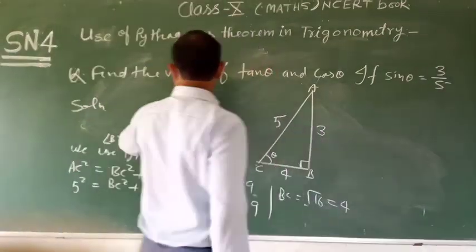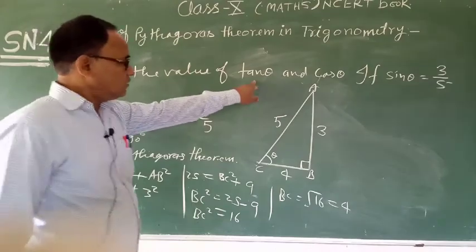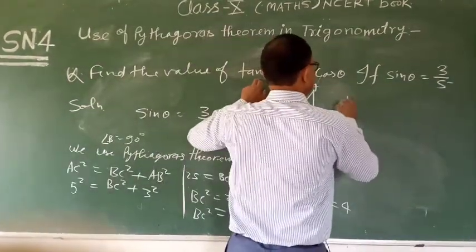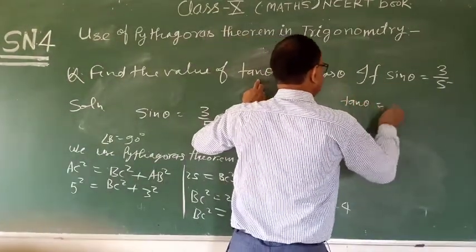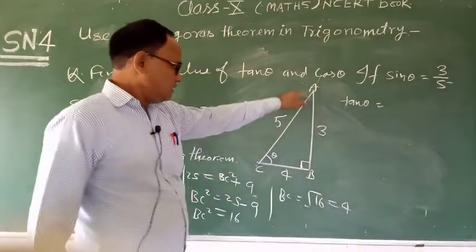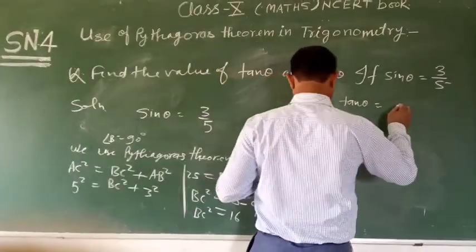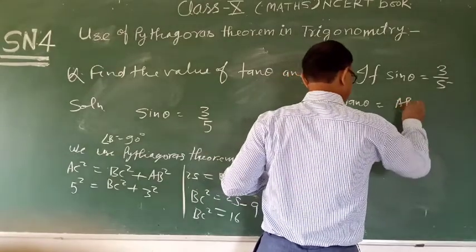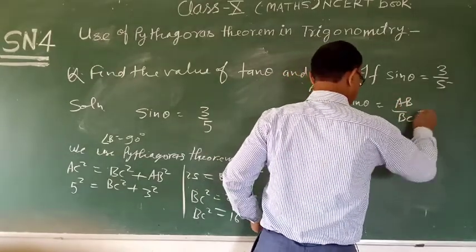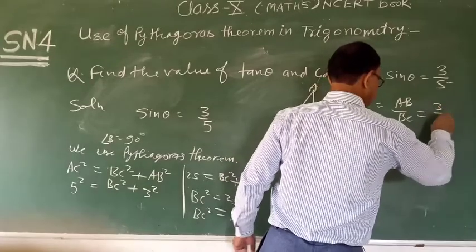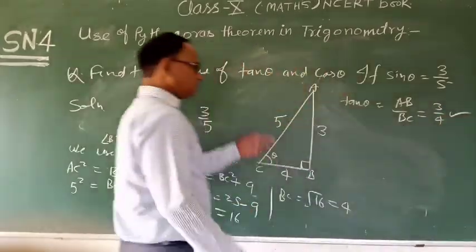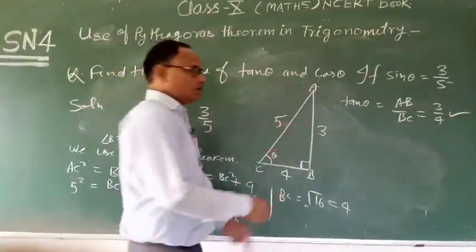Therefore we can write the value of tan theta. Tan theta is equal to altitude, perpendicular by base, which is 3 by 4. And the value of cos theta.